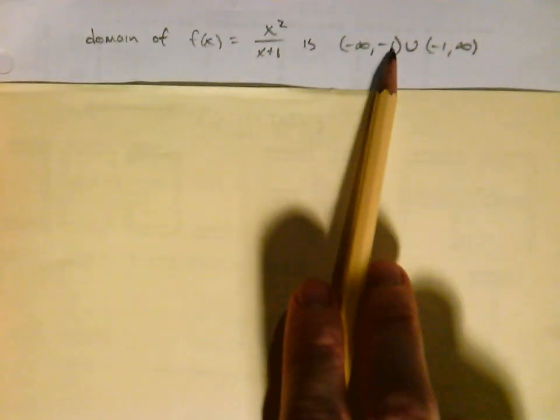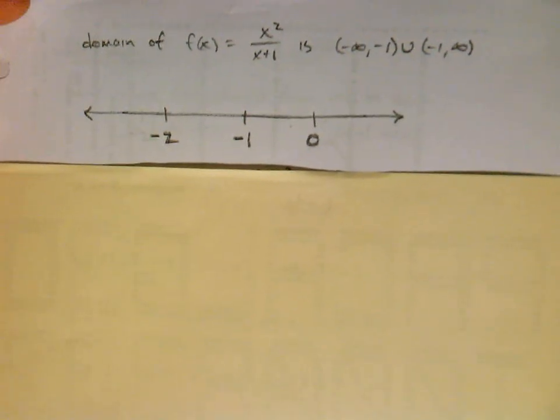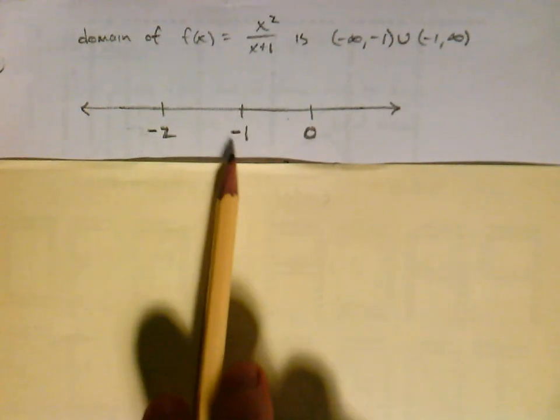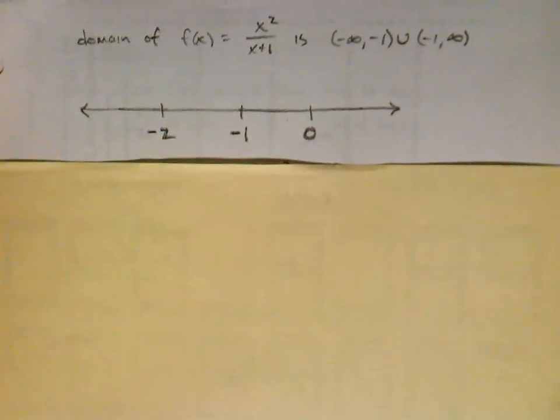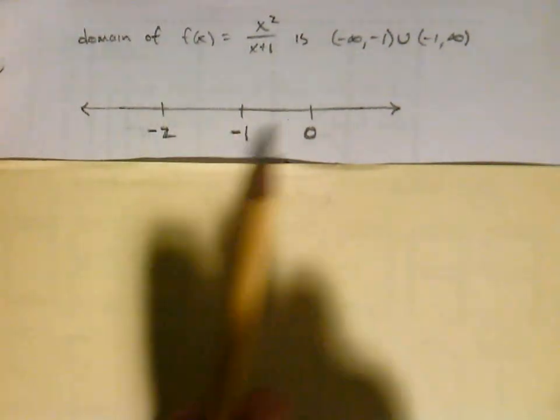Now, since it's just the one value we're skipping, when we draw our domain line, we should take note of negative 1. Now, it happened to turn out that negative 1 was also one of our critical numbers. So even if we had missed that, we would still end up plotting that number.